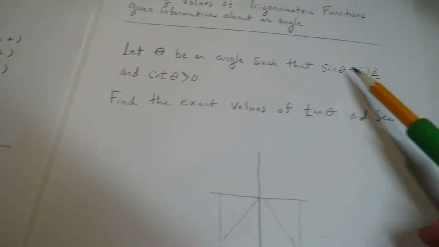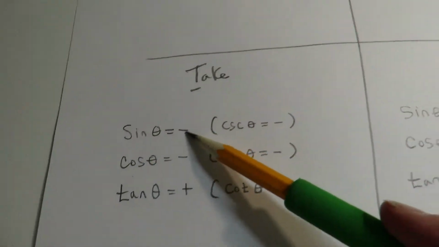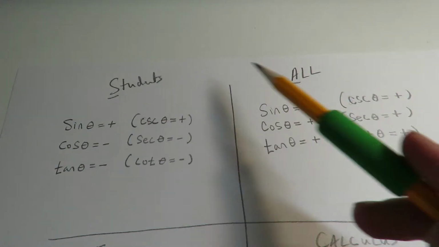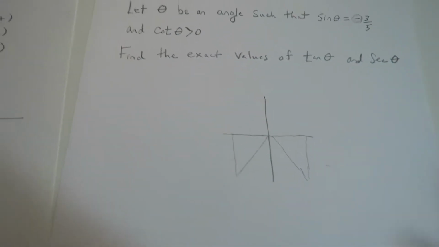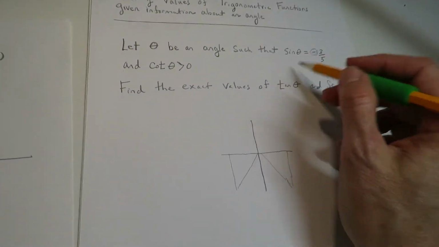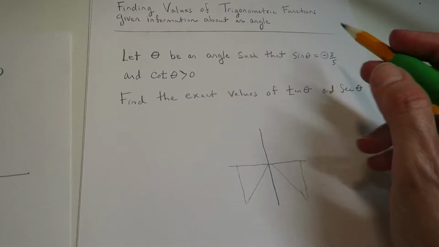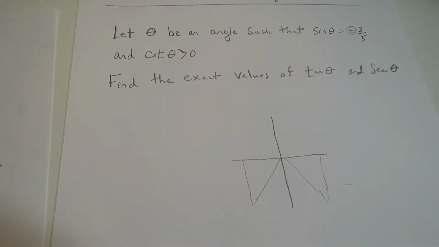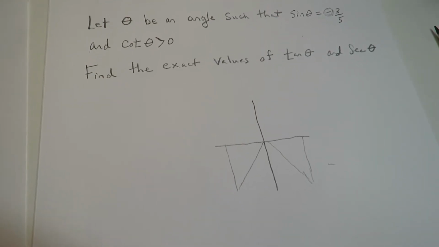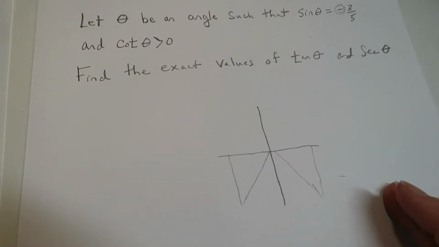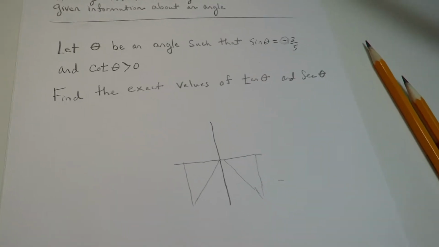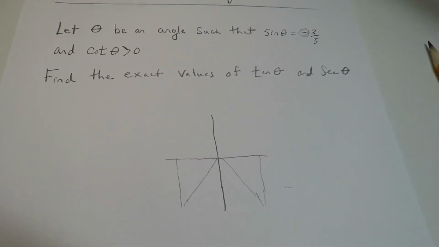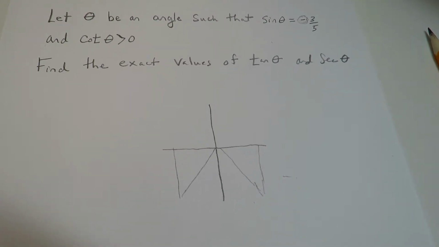So when we say that sine is negative, we're referencing that it's negative in 3 and 4, and we don't want 1 and 2 because there it's positive. But we also want the cotangent to be positive. If you're not sure where the cotangent is positive, you can think of its reciprocal function, the tangent. If you know where the tangent is positive, you also know where the cotangent is positive.